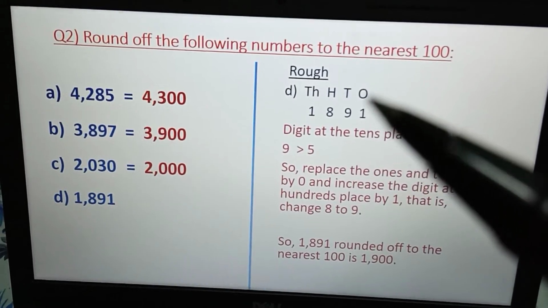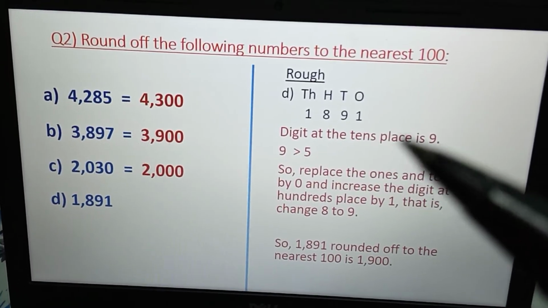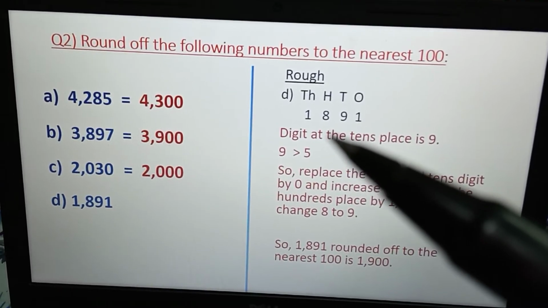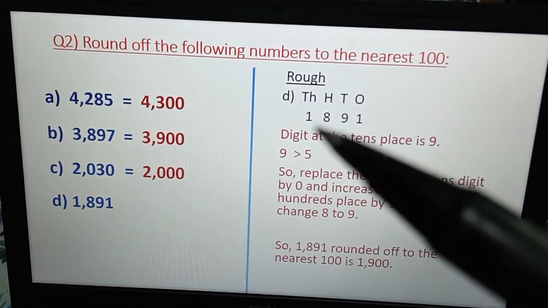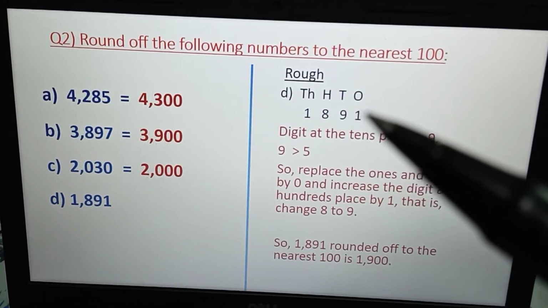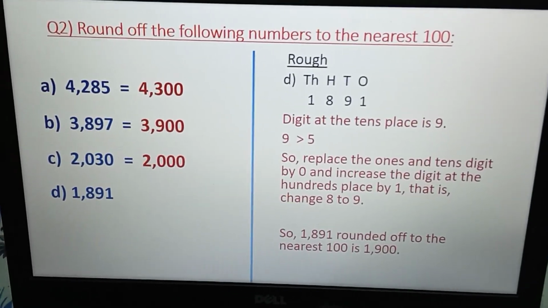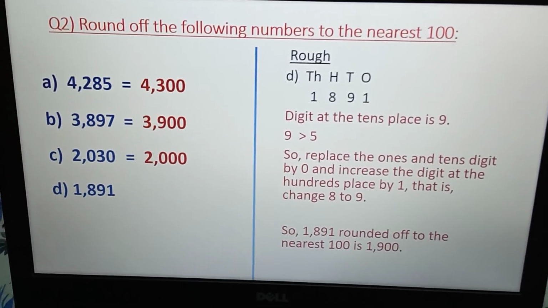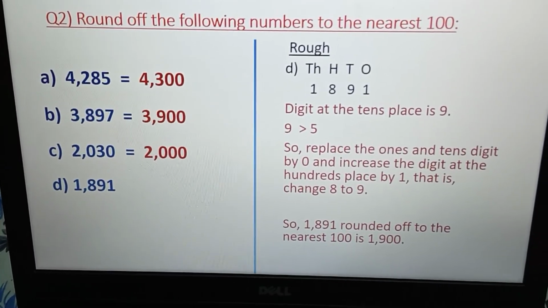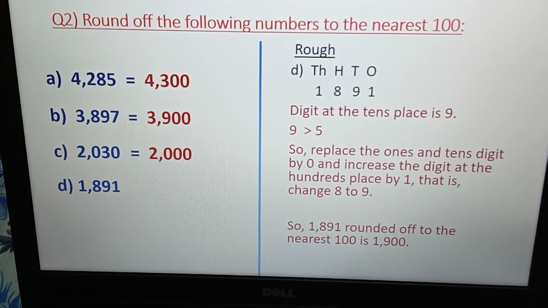So the ones and tens place digits will be 0, 0, and the hundreds place digit will become 9. So our answer will be 1900. Clear? So 1891 rounded off to the nearest 100 will be 1900.